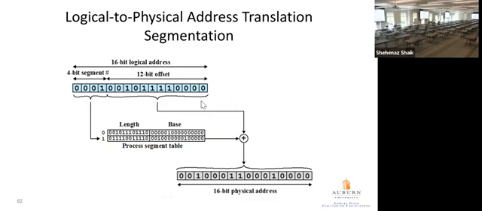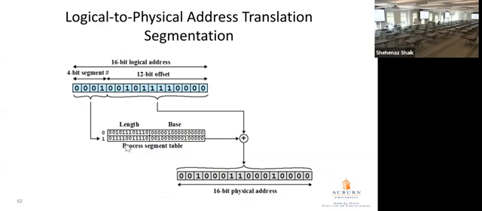From the first 4 bits, we see that it is referring to segment number 1. So we should be able to get the corresponding physical location of this segment from the process segment table's entry number 1, or row 1.